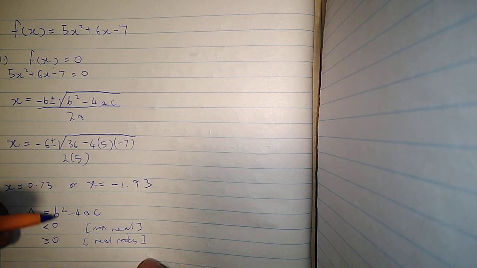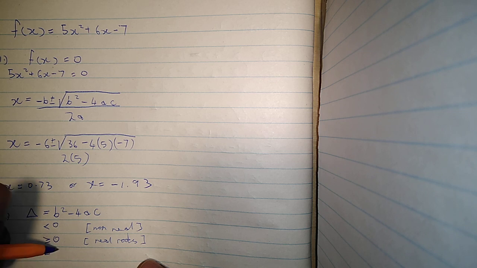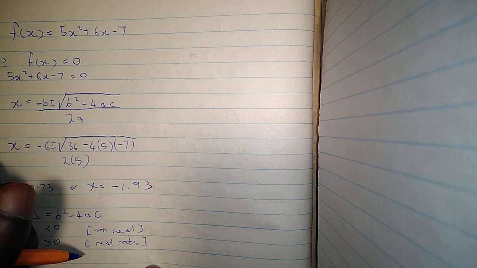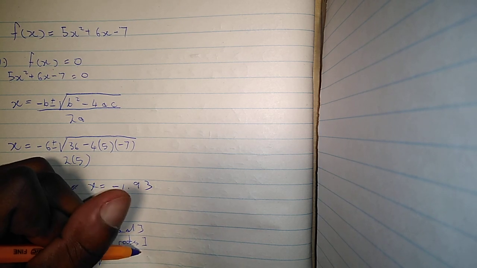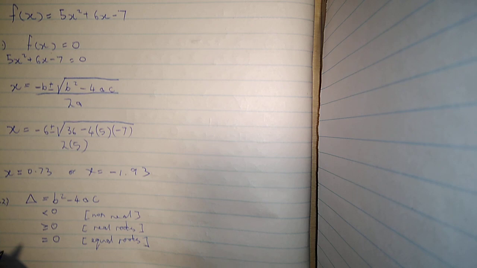But if this number is equal to 0, then we're going to have equal roots. Both roots of this quadratic function will be equal.